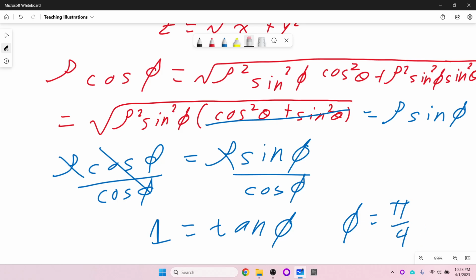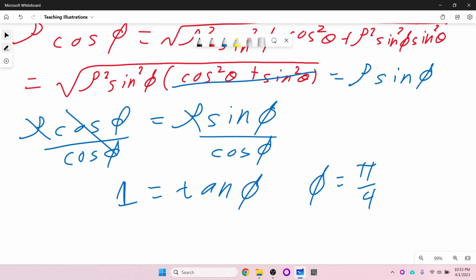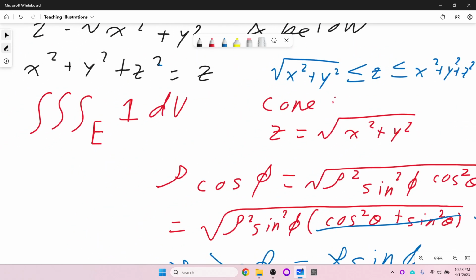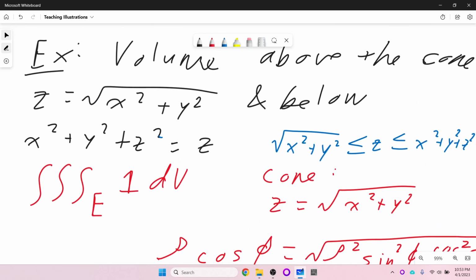So I want to emphasize what we've said here. This cone that we started with is entirely represented by the expression phi equals pi over 4. If phi is pi over 4, we're on the cone. And if we're on the cone, then phi is pi over 4. They mean the exact same thing. So we don't need any of this. We can just replace it by saying phi equals pi over 4.